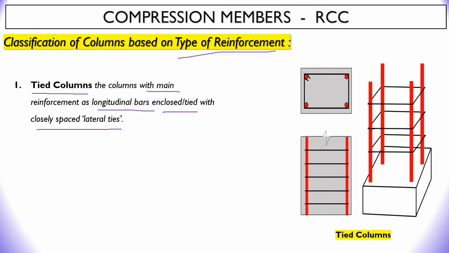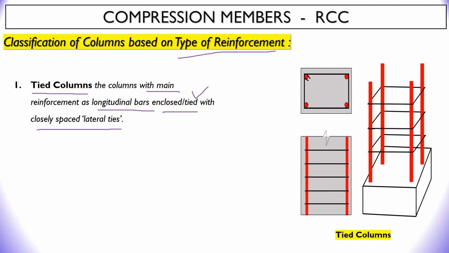You can see this is a rectangular cross-section having 4 longitudinal bars, which are parallel to its centroidal axis, and this black color ring is termed as a tie. That means you can easily see that all the longitudinal bars are tied together or enclosed within these black color ties, that are known as lateral ties.